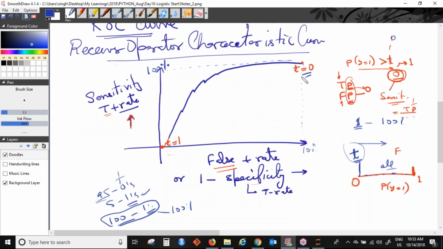So that means if you take a threshold of 0, you will end up with very high value of sensitivity, which is good for you. But at the same time, you will also end up with very high value of false positive rate, which is bad for you. Okay. So though you are getting a very good number at the good axis, at the bad axis also you are getting a very bad number. So that means you cannot take threshold of 0 also.